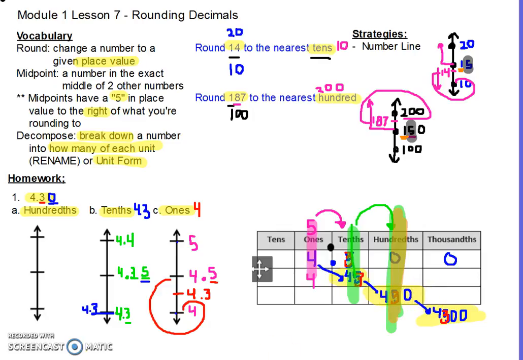And I'm asking myself, okay, I have 430 hundredths. And so I know after my decimal, there's 2 place values for hundredths. And then I'm just going to fill in. So the 0 comes first. And then I have my 3. And then I have my 4.